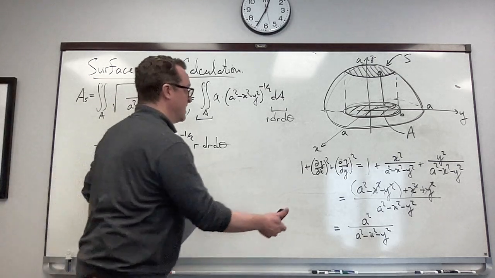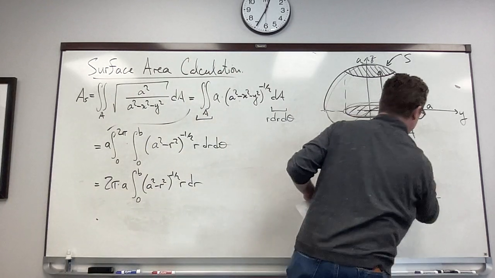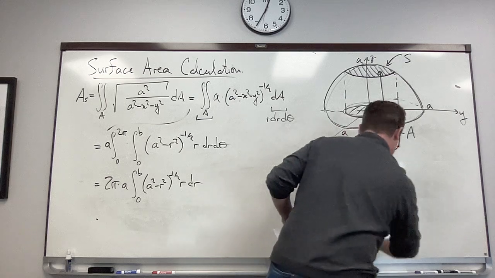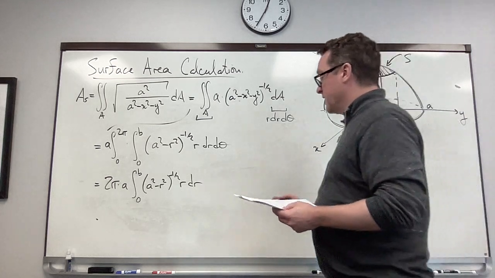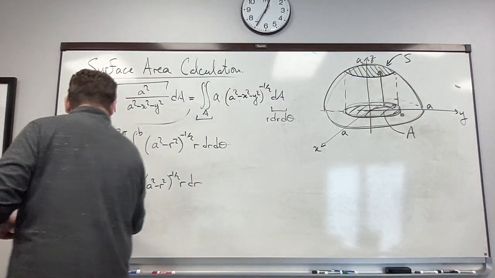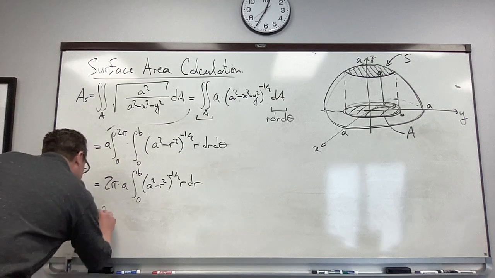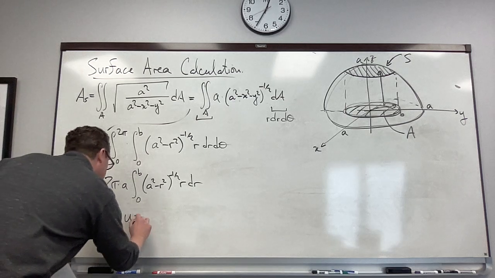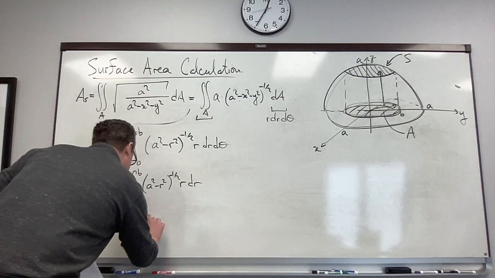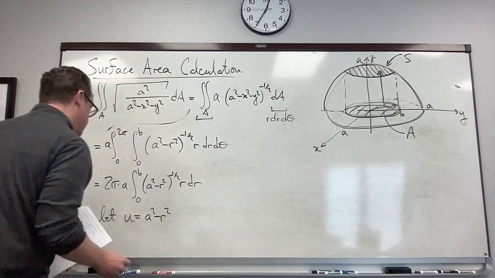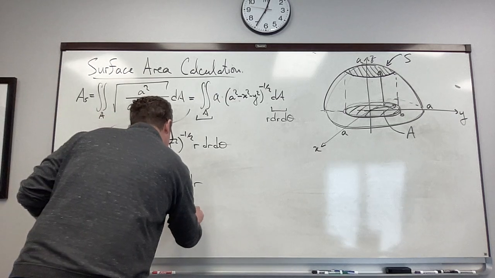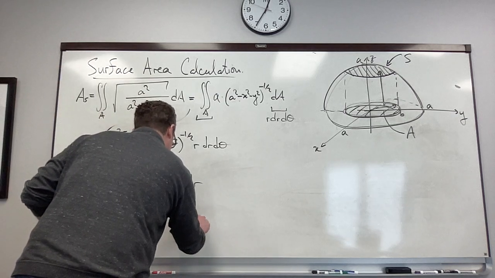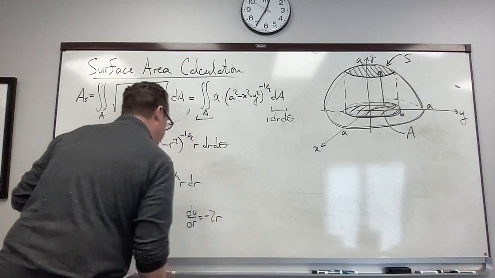Now, that's obviously a substitution. Let's do this real slow. So we're going to let u equal a squared minus r squared. So that means du dr is minus 2r.